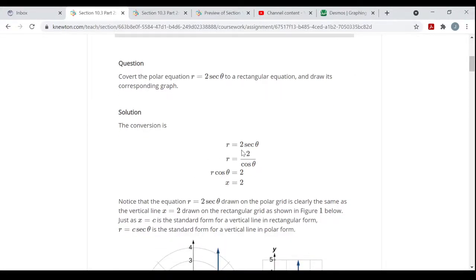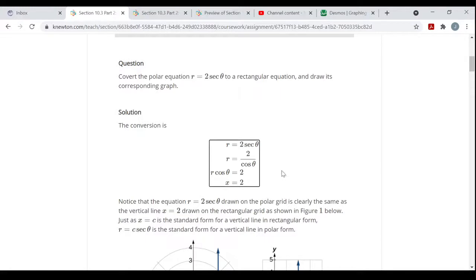So remember, r equals 2 secant theta. That's 2 divided by cosine theta. Then multiplying by cosine theta on both sides gives me r cosine theta equals 2. And hopefully this looks familiar: r times the cosine of theta in rectangular coordinates is x. And that's what we're trying to get.